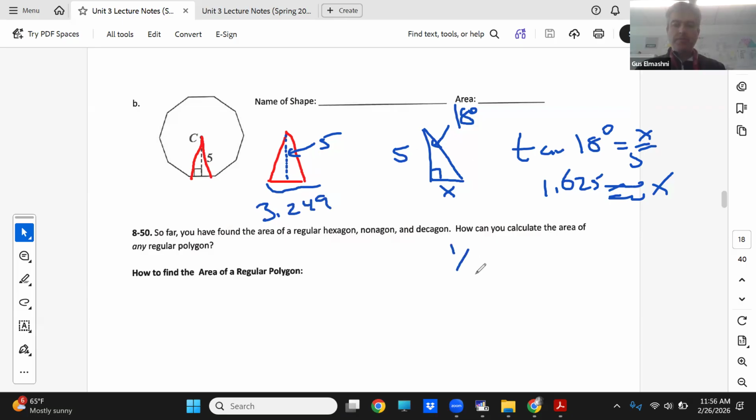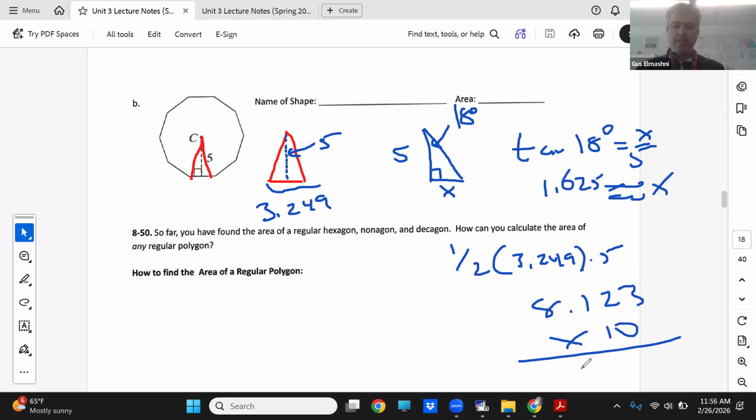I just rounded to 2.5. Is that fine? So it's fine, yeah. So you should get 8.123 times 10.